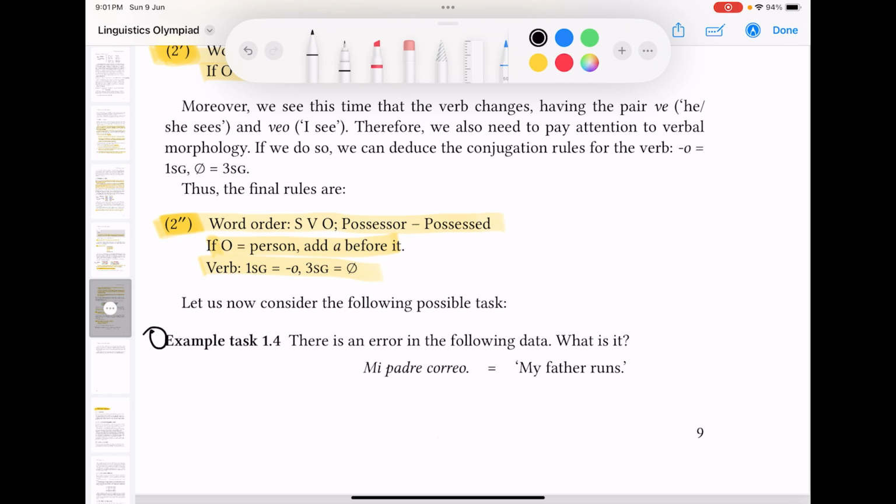You can probably find it on your own. Just one little hint, don't be dumb like me and consider my father as one. Just refer to these rules and you'll get to it very quickly, like in 1 second. If you want to access the answers, the book's name is Linguistics Olympiad Training Guide, so you can refer to that.